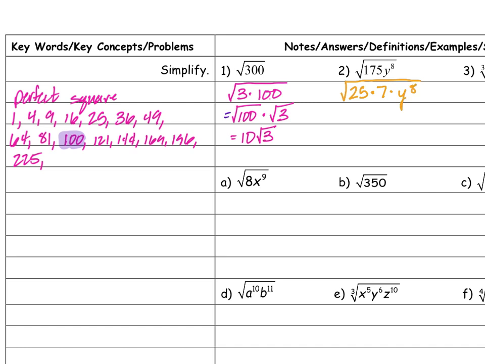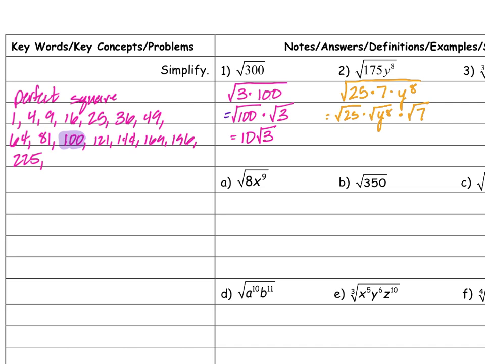So I can rewrite this as 25 times 7 times y to the 8th, right? Okay, so then according to my rule, I can rewrite this again as the square root of 25 times the square root of y to the 8th. I moved that up, I know I did. It doesn't matter what order you multiply things in, so I can rearrange stuff.